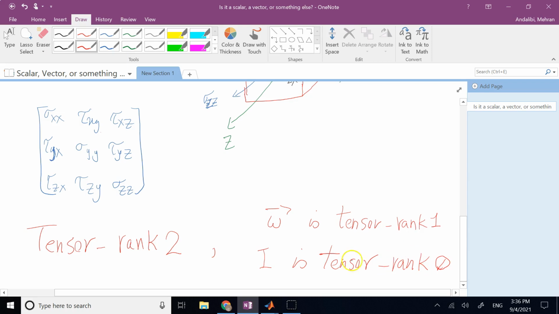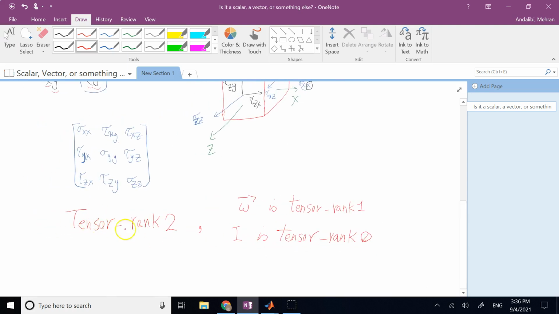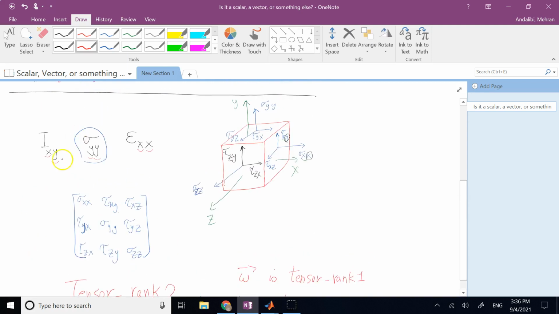Okay, so scalars are tensors of rank 0, vectors are tensors of rank 1, and above that, if you need more than one direction, you call them tensors of rank 2, 3, and so on and so forth. So the tensors of rank 2 that we know in mechanical engineering are the moments of inertia, the stresses, and the strains.